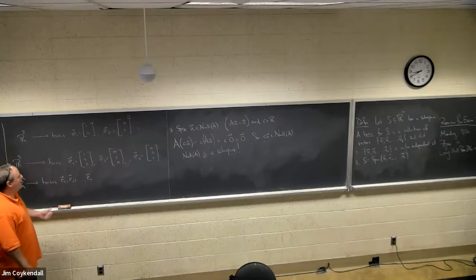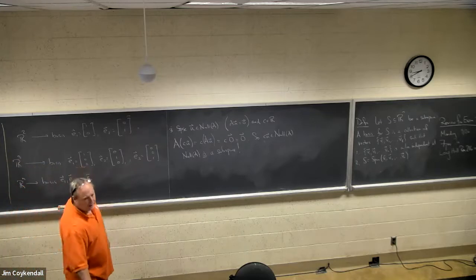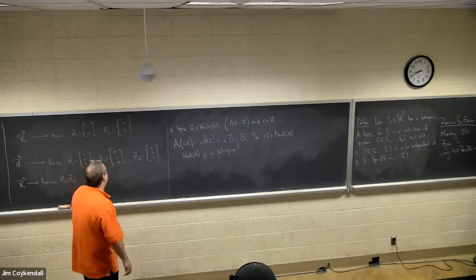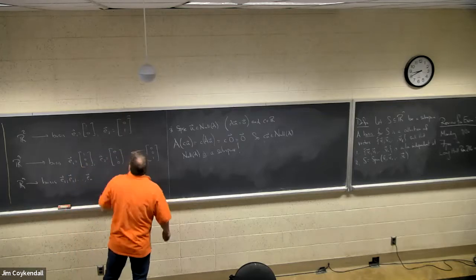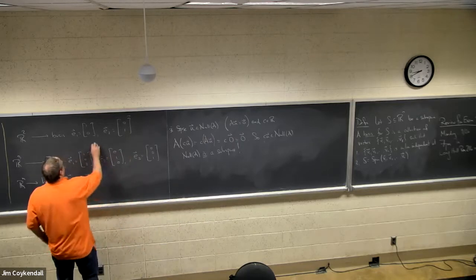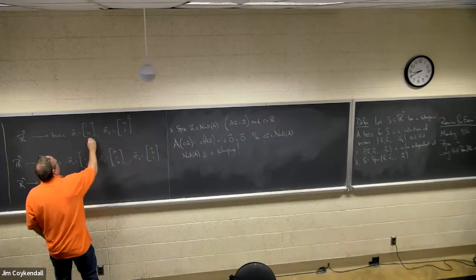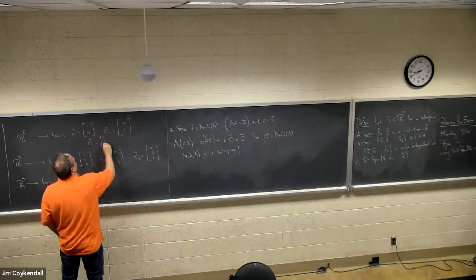However, these are not the only bases. In fact, any Rn has infinitely many bases for n greater than or equal to 1. So another basis for R2, you might check that this is a basis.